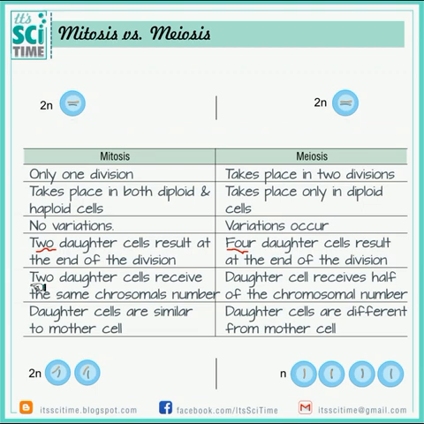Daughter cells in the mitosis process receive the same chromosomal number, but in the meiosis process they receive only half the chromosomal number. Daughter cells are similar to the mother cell in the mitosis process, but in the meiosis process daughter cells are different from the mother cell.